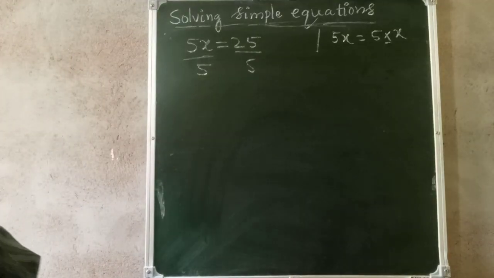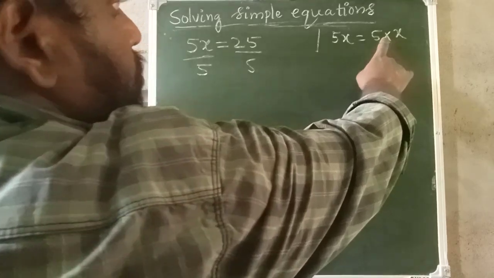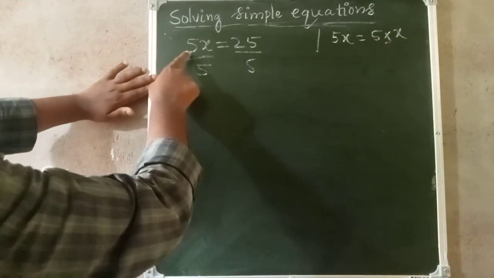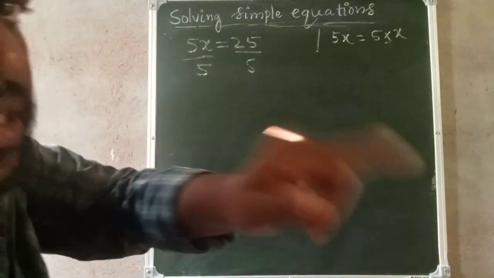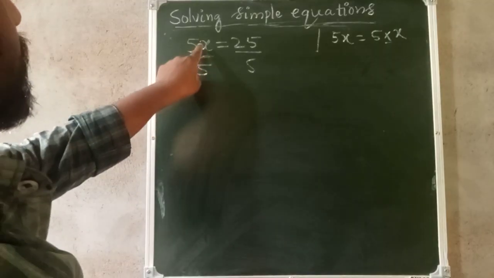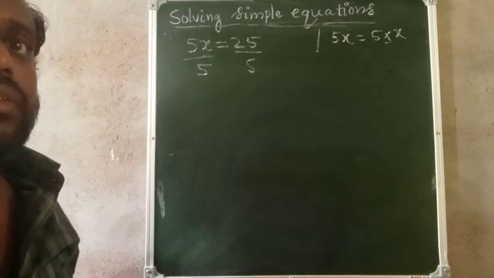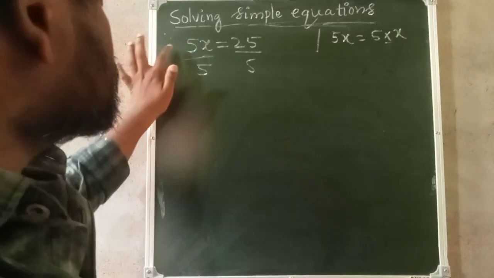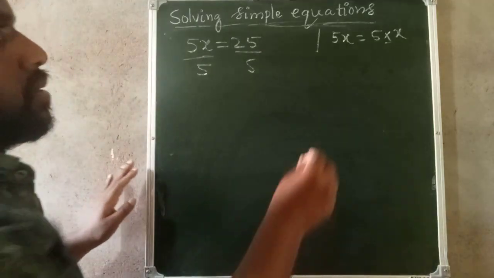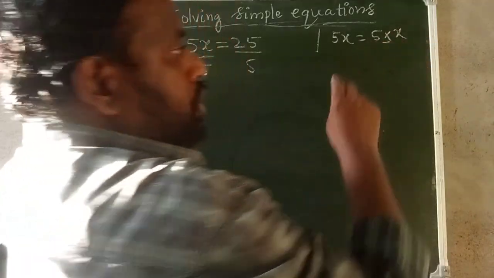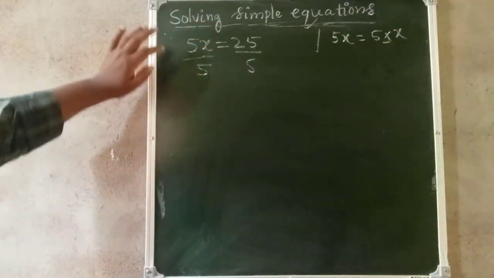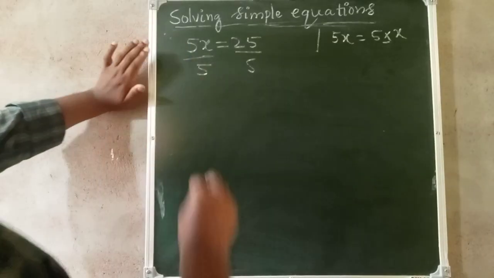Okay. Now see, because of into between 5 and x, we can cancel 5 and 5. For example, if there is a plus between 5 and x, that time you cannot cancel this 5 and this 5. Because into means multiplication, you can cancel this 5 and this 5.